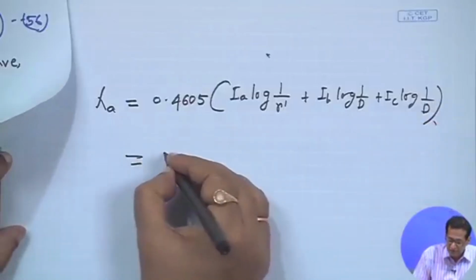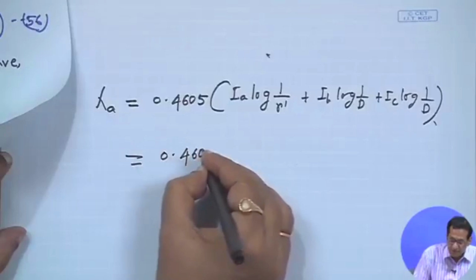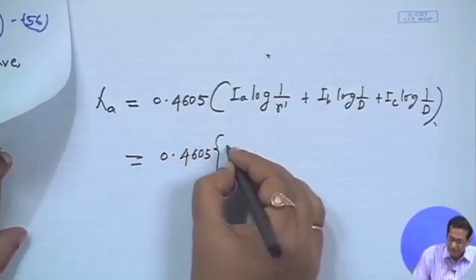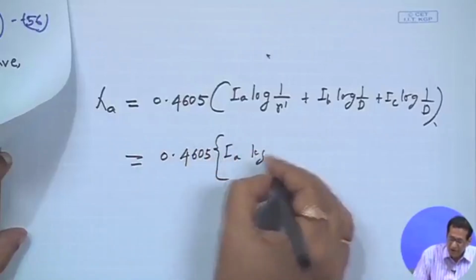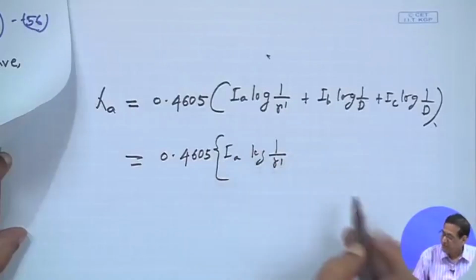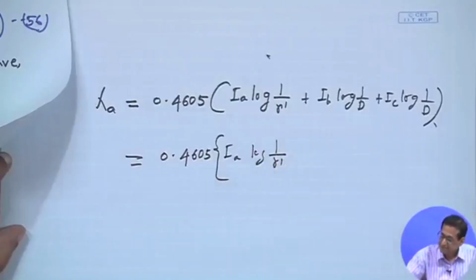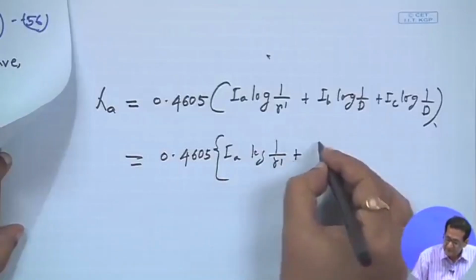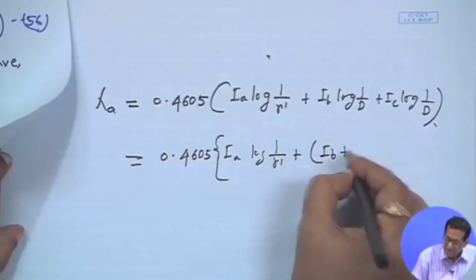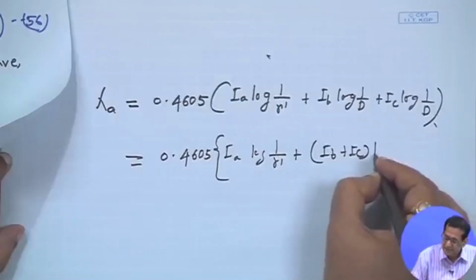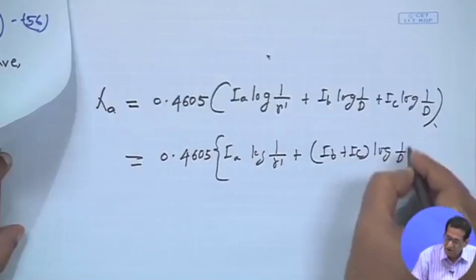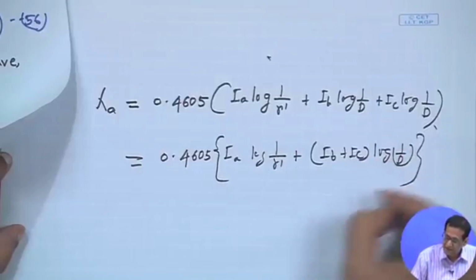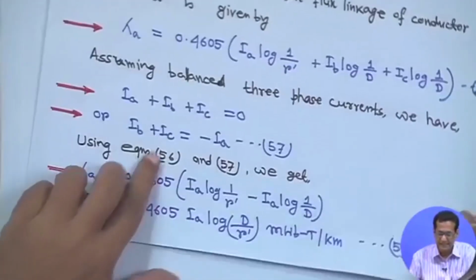This is equal to 0.4605 then IA log 1 upon R dash plus IB plus IC, outside you write log 1 upon D, right, and IB plus IC is the balance condition.